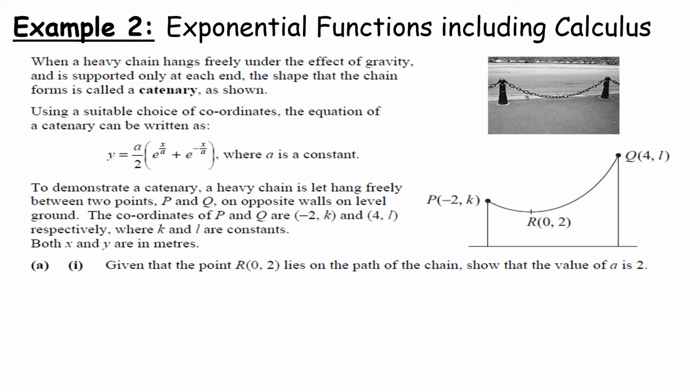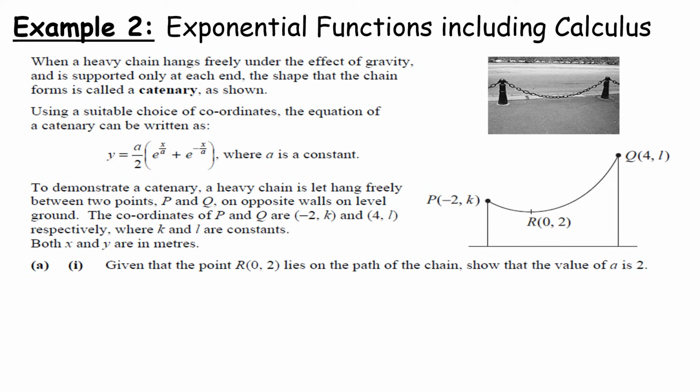When a heavy chain hangs freely under the effect of gravity and is supported only at each end, the shape of the chain is called a catenary, as shown. Using a suitable choice of coordinates, the equation of a catenary can be written as y is equal to a over 2 bracket e to the power of x over a plus e to the power of minus x over a, where a is a constant.